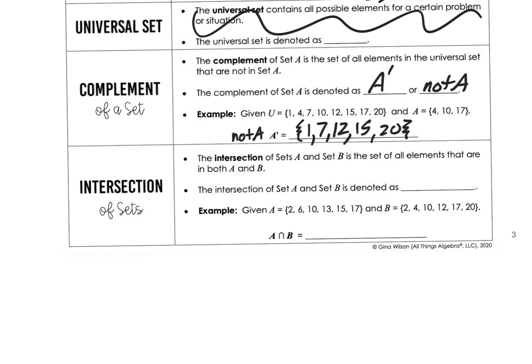And so when we look at this, the symbol that we use for this is A intersection B. I kind of think of this as, it kind of looks like an N. It's not an N, but it kind of looks like an N. Basically it's an upside down U, which we'll talk about here in just a second.